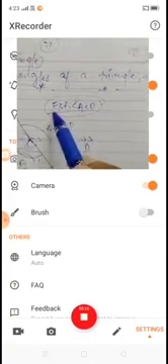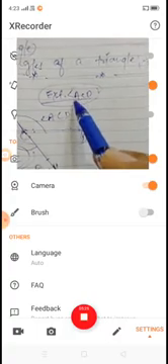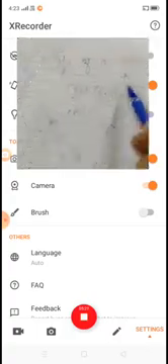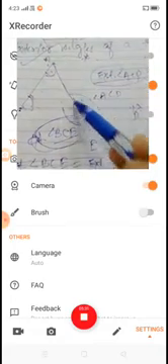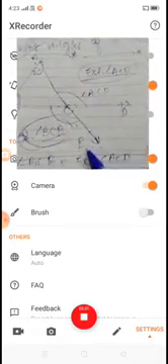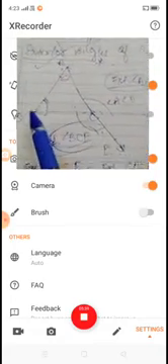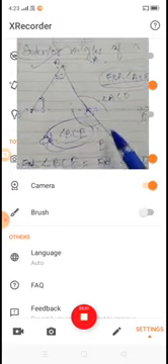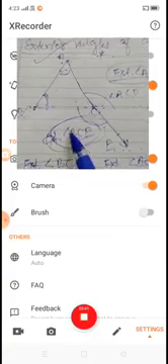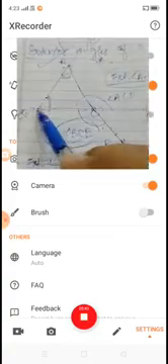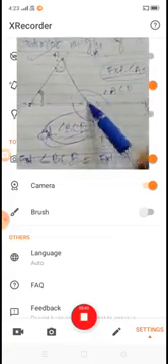Similarly, if we produce the side AC to form a ray AE, then angle BCE is also called exterior angle BCE of triangle ABC at point C.